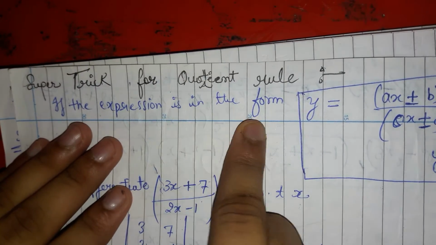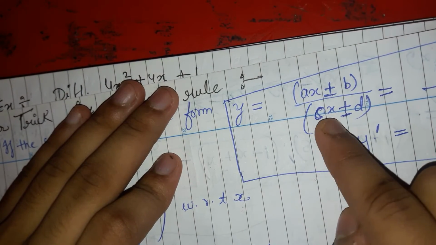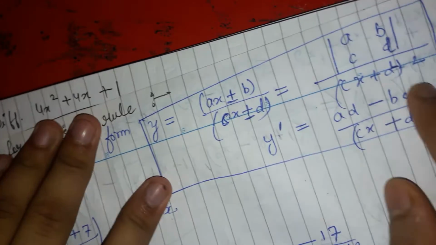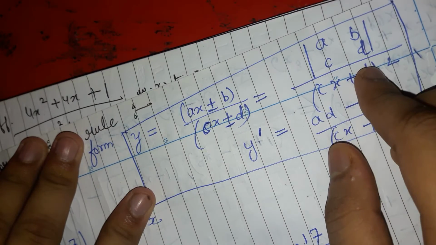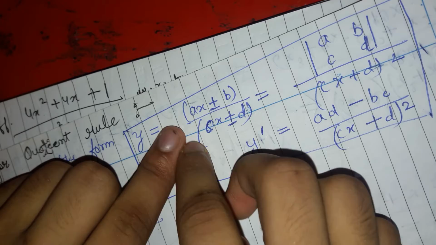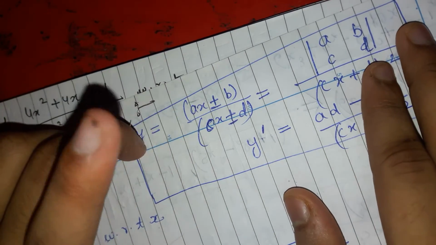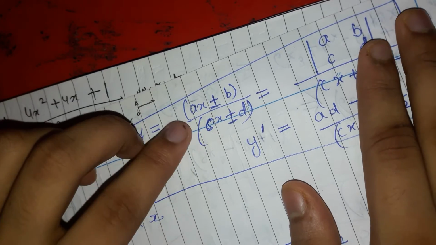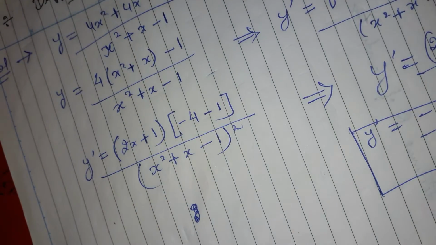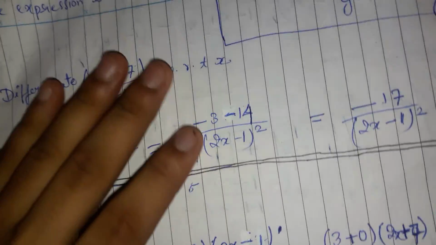If the expression is in the form y is equal to ax plus minus b upon cx plus minus d, it equals a c b d, we have to take the determinant. This is only the general method. I have not taken the quadratic method. Quadratic means like this. For this there is another method, because the question can be quadratic also.